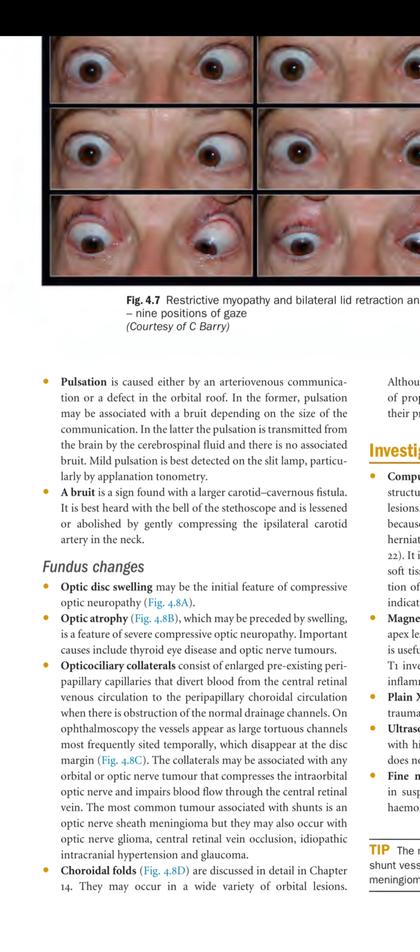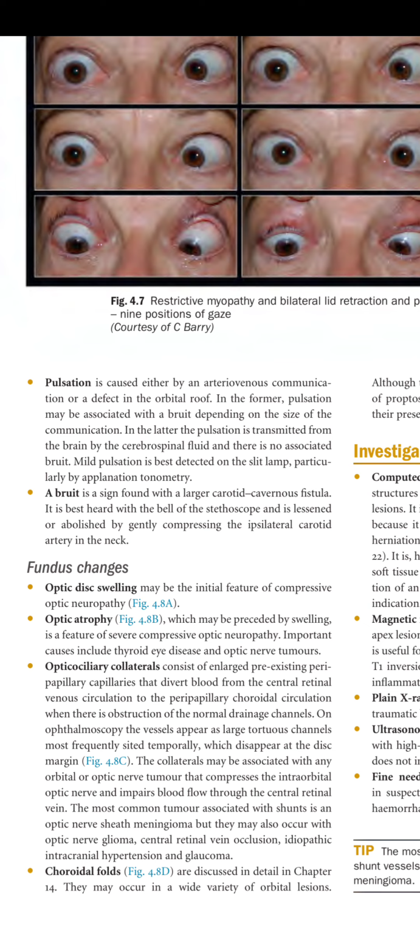In the fundus of the eyeball, if there is an orbital pathology, there can be optic disc swelling, which may be the initial feature of compressive optic neuropathy. So whenever the optic nerve is getting compressed, there will be optic disc swelling.